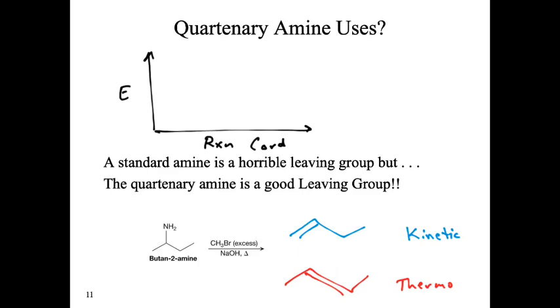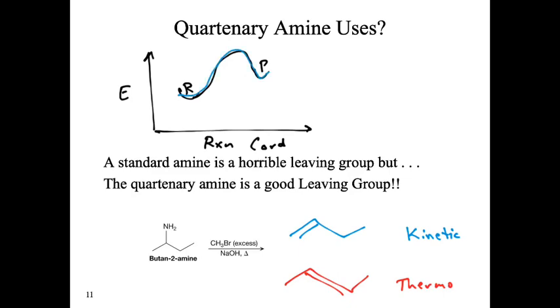Okay. What that is ultimately saying is that if we look at an elimination reaction, reactant to product, our products are higher in energy. Because we're going higher in energy, the product that we're going to form needs to be the lowest energy product. Why would it need to be the lowest energy?